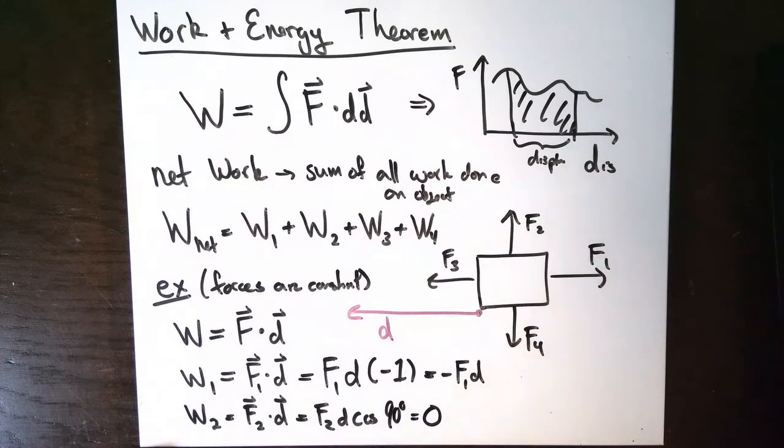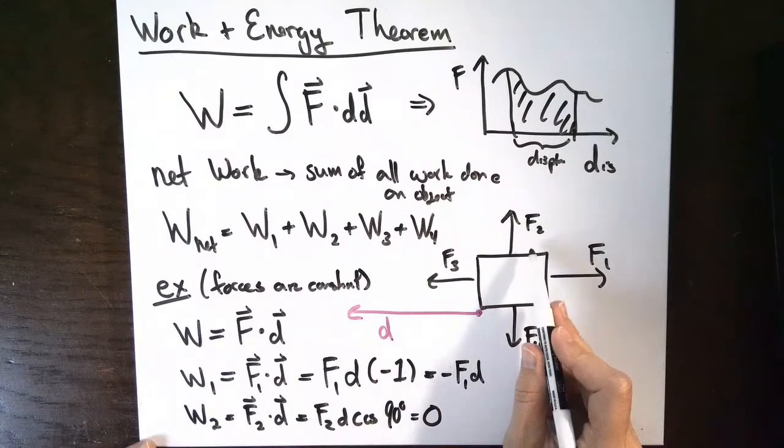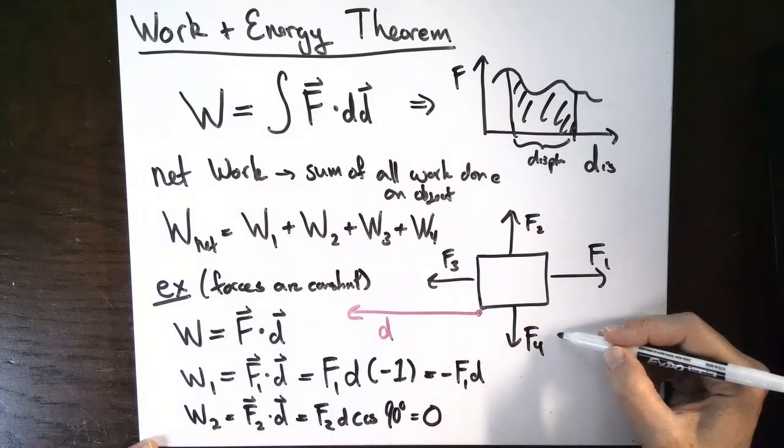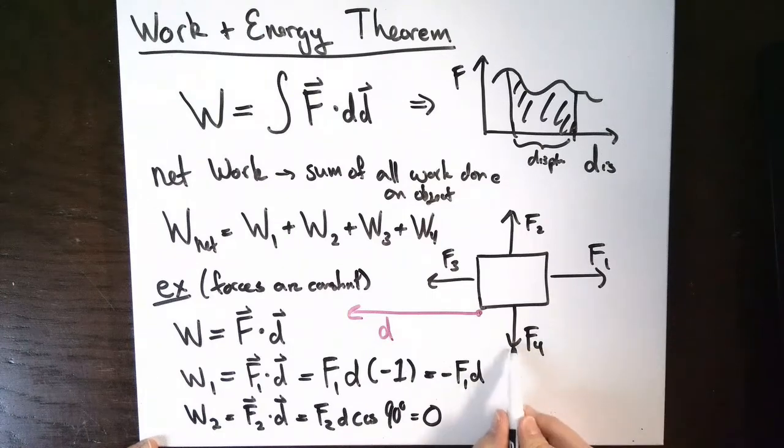So there's no work done by force 2, because that force is completely perpendicular to the displacement. And the same thing will be true of force 4. Here, the force and the displacement vector are also perpendicular, so we can also say that the work done by the fourth force is equal to 0.